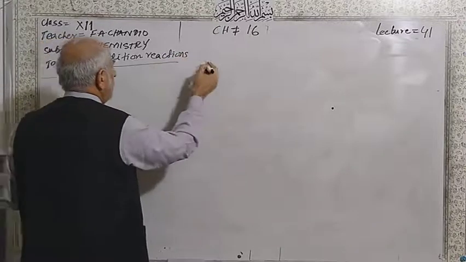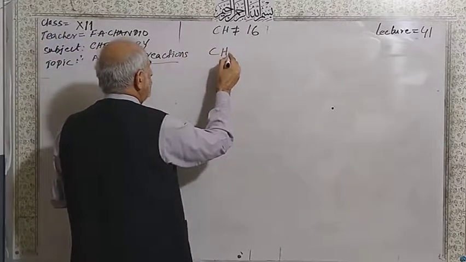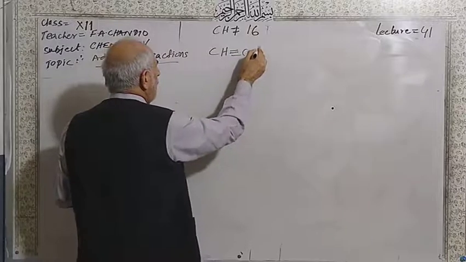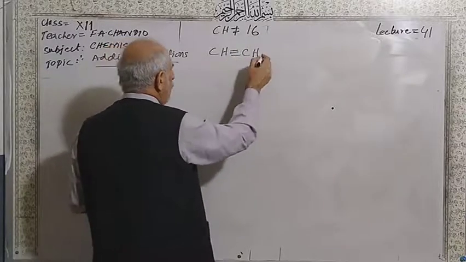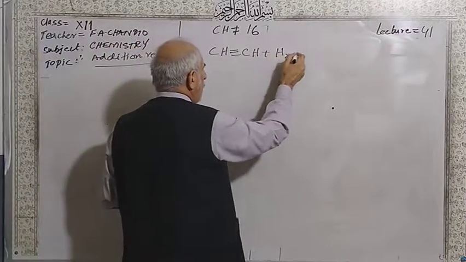Addition reactions: this is the alkene and alkyne. The alkene contains a double covalent bond, the alkyne contains a triple covalent bond, and you are going to add hydrogen.